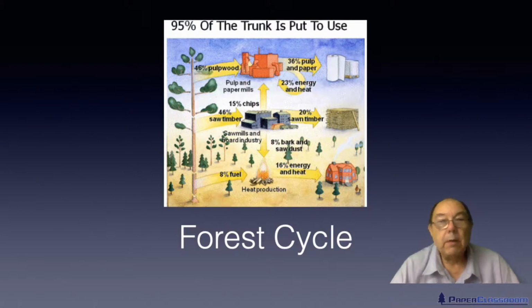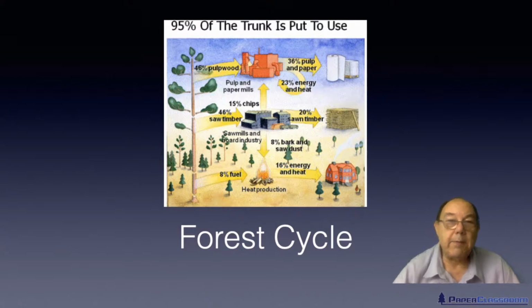Sometimes up to 46% will go for sawn timber. So that will make either construction wood for houses or something like pallet wood, for example. And the remainder may go to fuel.